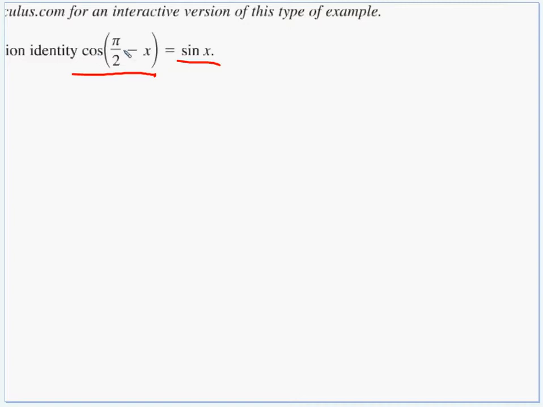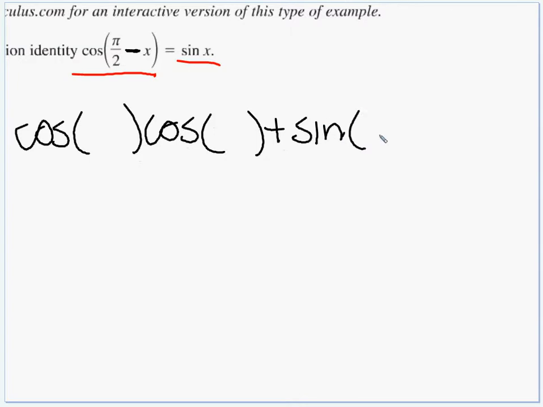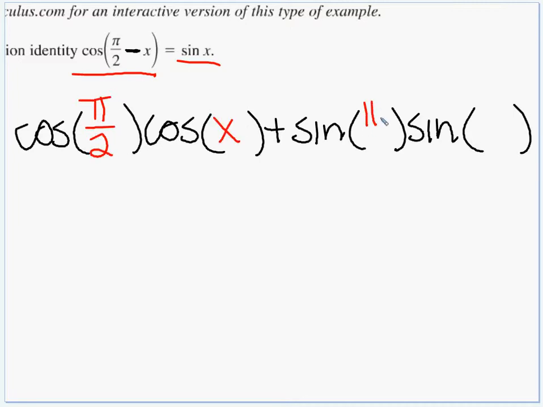Well, we got the cos of a subtraction, cos of a difference. So the pattern will be cos, cos plus sine, sine. And we put in the angles. First is a half pi, and then an x, and then another half pi, then an x. And to the unit circle.